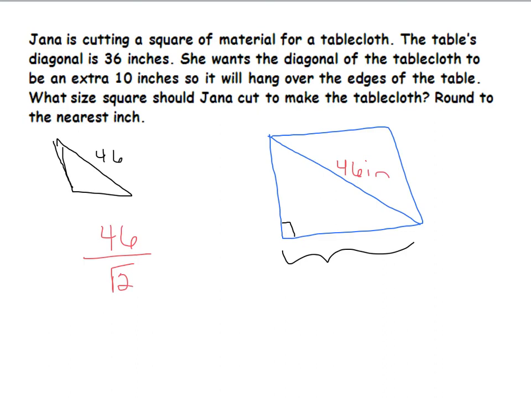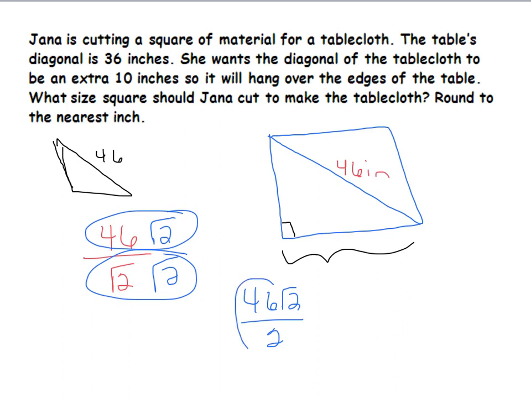You cannot have a square root in your denominator, so we're going to have to multiply. 46 square roots of 2 over 2 would give me 23 square roots of 2 for each side. Now we have to multiply through because she wanted it to the nearest inch. It gives you about 32.5, but to the nearest inch, I'm looking at about 33 inches.